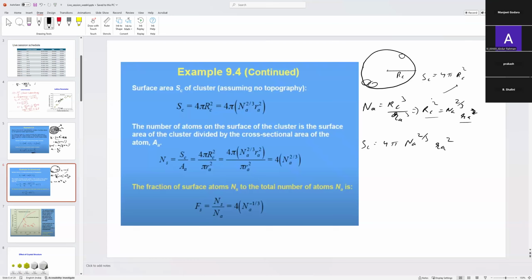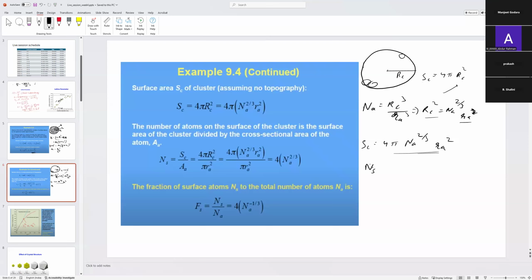And now you can write the number of atoms on the surface as Ns.